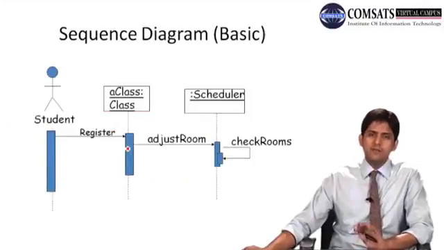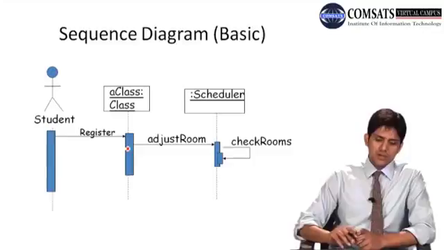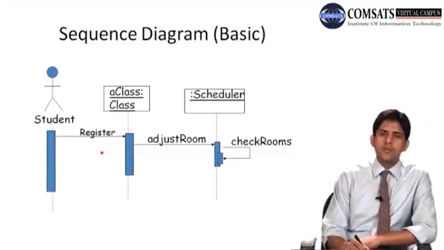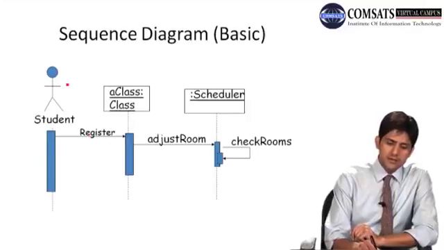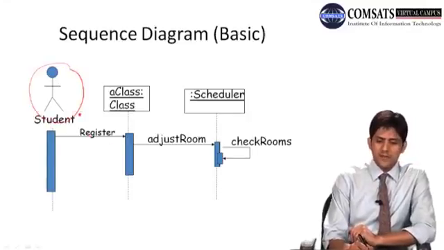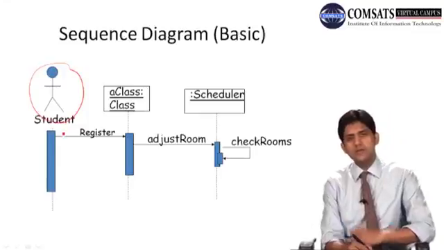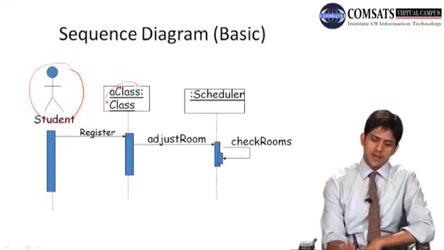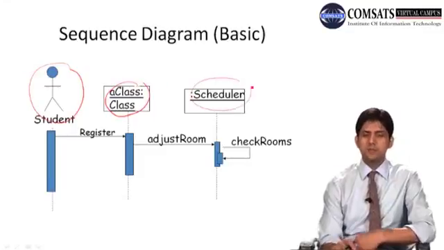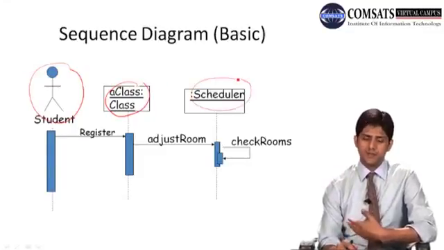This is a very simple example, a very simple flow, where we have a student, and normally the actor classes or their instances can be represented by this stick figure. In this case the class is student, and what the student is trying to do is register for a course. We have another class which is the scheduler, which maintains the schedule or the timetable of different courses.